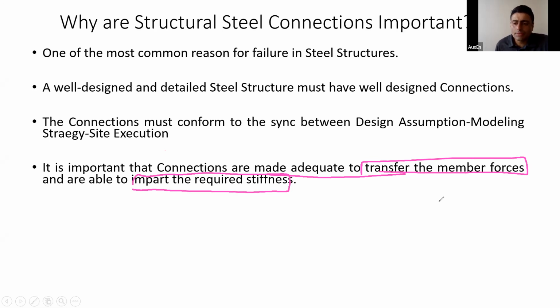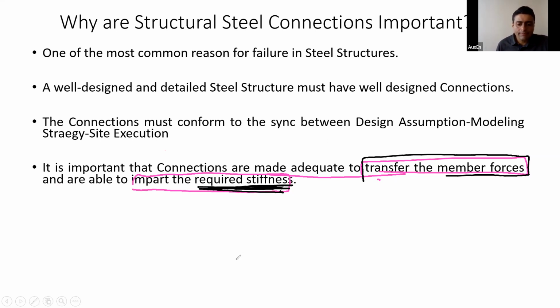So not only should the connection be adequate to transfer the member forces, but it should also be able to impart the required or assumed stiffness. I just gave you this example that you had assumed a rigid connection, but if your connection is not rigid enough, then it is a problem. So this also has to be ensured, and therefore the connection design also becomes very, very important.